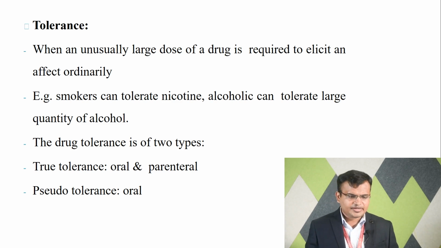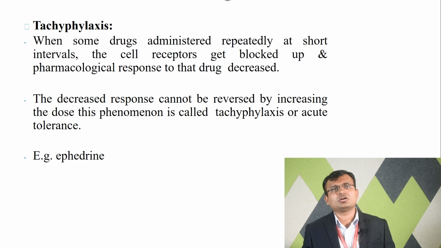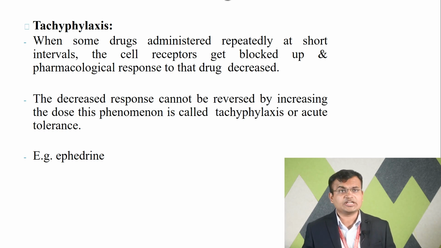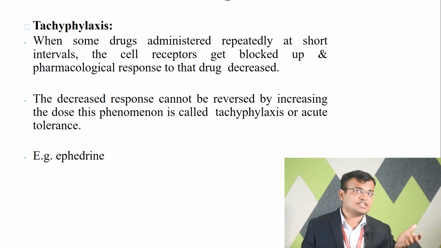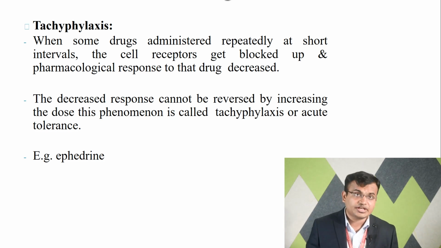Next important parameter that we are going to talk about is tachyphylaxis. What exactly do we mean by tachyphylaxis? When some drugs are administered repeatedly at a short interval. The difference between tolerance and tachyphylaxis is that tolerance may be for a long interval of time, and tachyphylaxis is for a short interval.